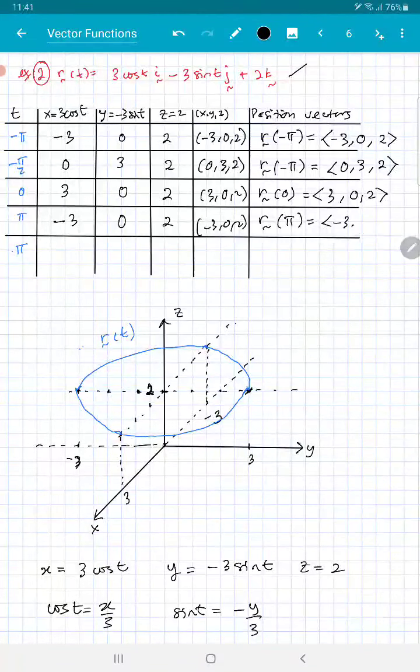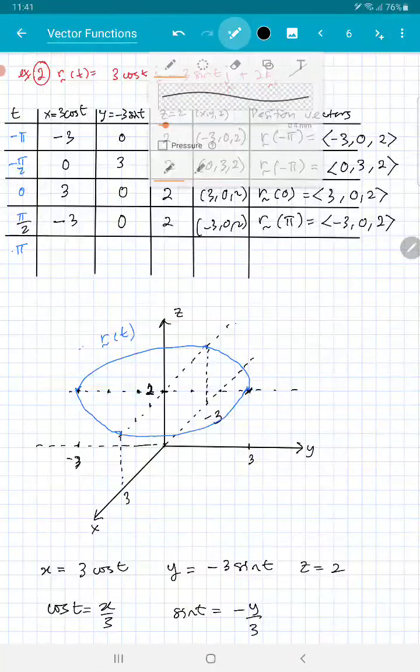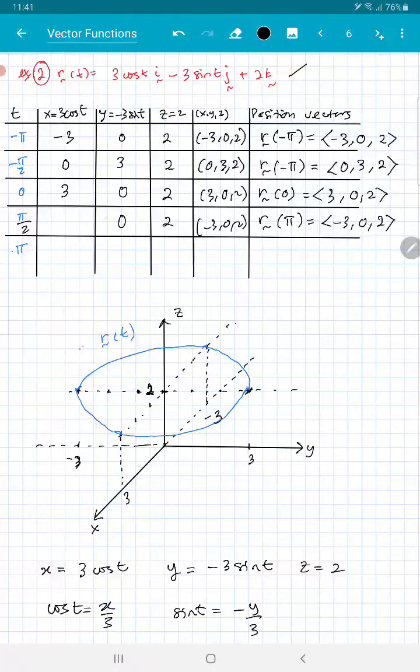Now we have another position vector, negative 3i plus 0j plus 2k, and the last is, oh hang on, that one is for pi. Sorry, I'm missing pi over 2.